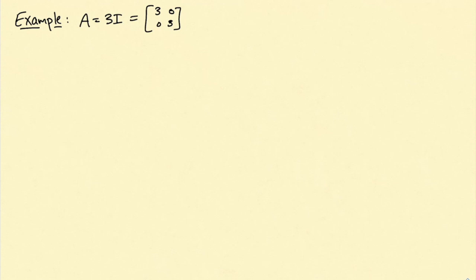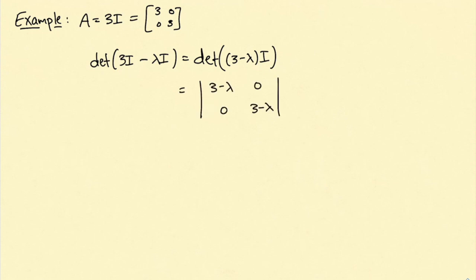We're going to compute the characteristic polynomial, which is the determinant of 3I minus lambda I. We can pull the I out on the right-hand side, so we see that the matrix 3I minus lambda I is also going to be a diagonal matrix, and the entries will be 3 minus lambda. The determinant, of course, is just (3 minus lambda) squared. So there is a single root for the characteristic polynomial, which tells us we have a repeated eigenvalue.